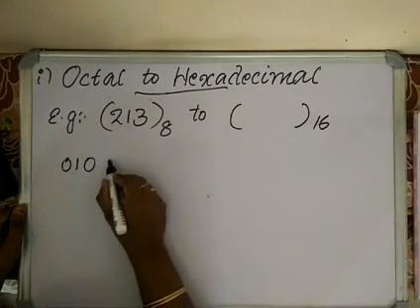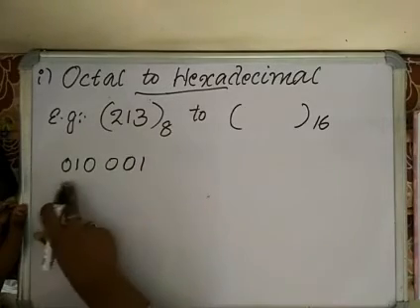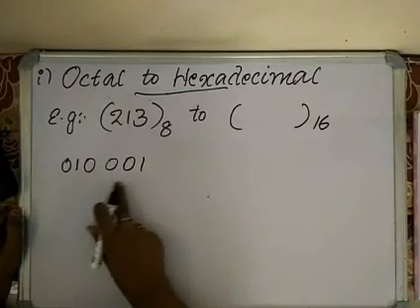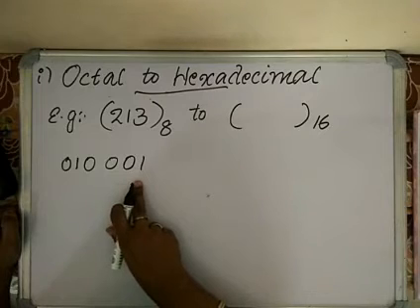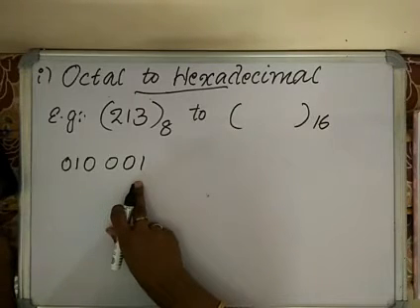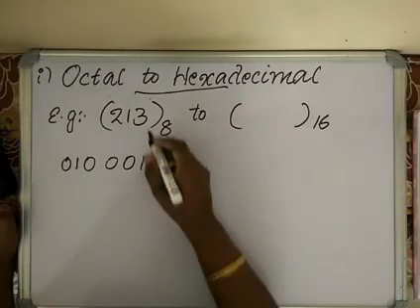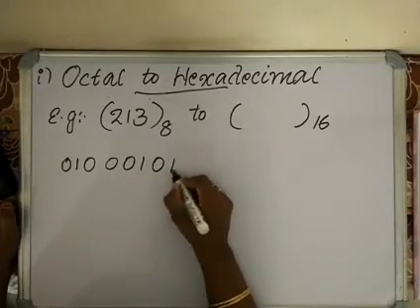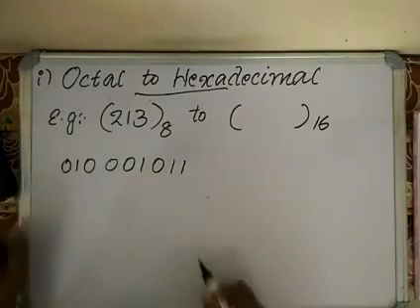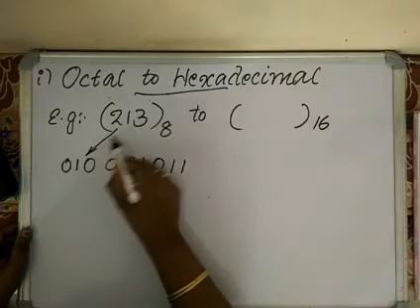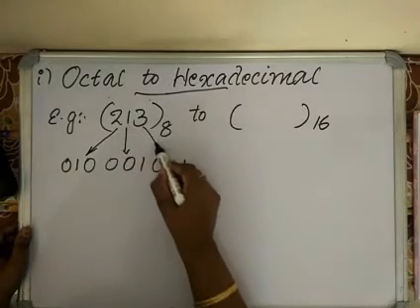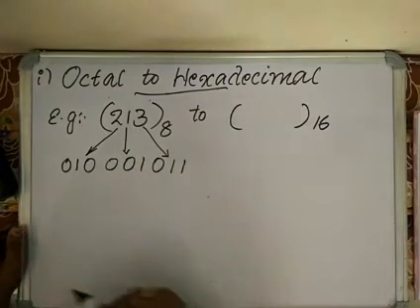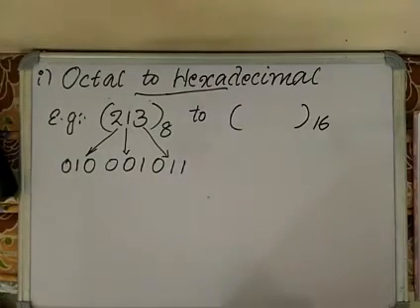For 1, it is 001. Why we are taking 3 bits is because every octal digit can be represented by a maximum of 3 bits. Then 3 is 011. So we have written the binary equivalent of each octal digit. That's the first step.